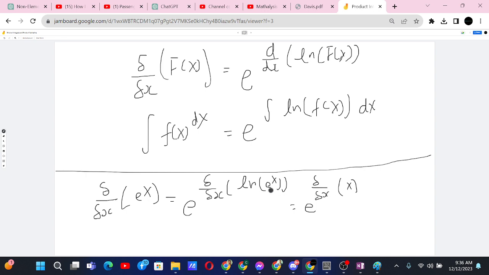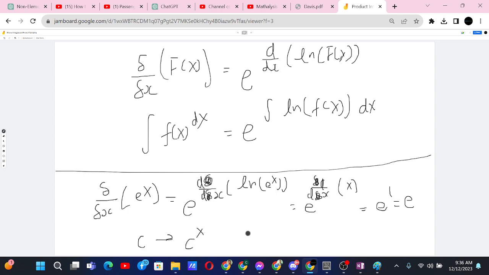This is the normal derivative, and that is actually e to the power 1, so that's just e. It makes sense, just like we multiply e x times during the Riemann product, and that gives e to the power x. If it was for c also, that would give us e to the power x.